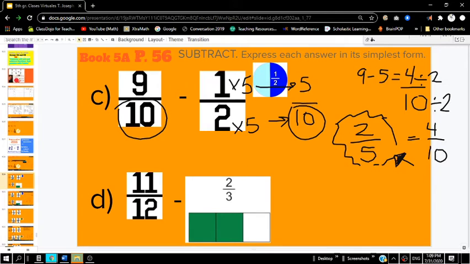11/12 minus 2/3. Well, if I take 2/3 and I try to represent this as 12ths, what I could do is just separate this box out into 12 sections. It's already separated into 3 sections: 1, 2, 3. So each one of those boxes is going to need to be broken up into 4 sections.